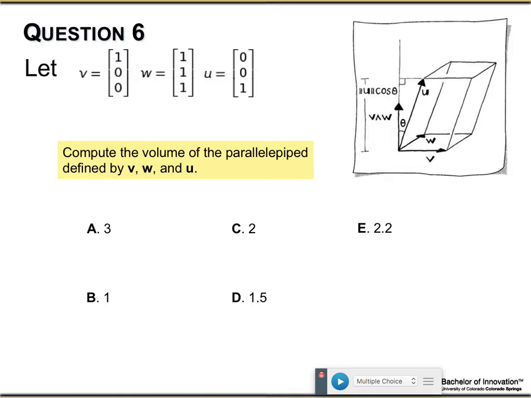I get 1 minus 0 i plus 0 j plus 1 k. So I get (1, 0, 1). Now I dot that with (1, 0, 0), and I get 1 plus 0 plus 0 equals 1, which was B.